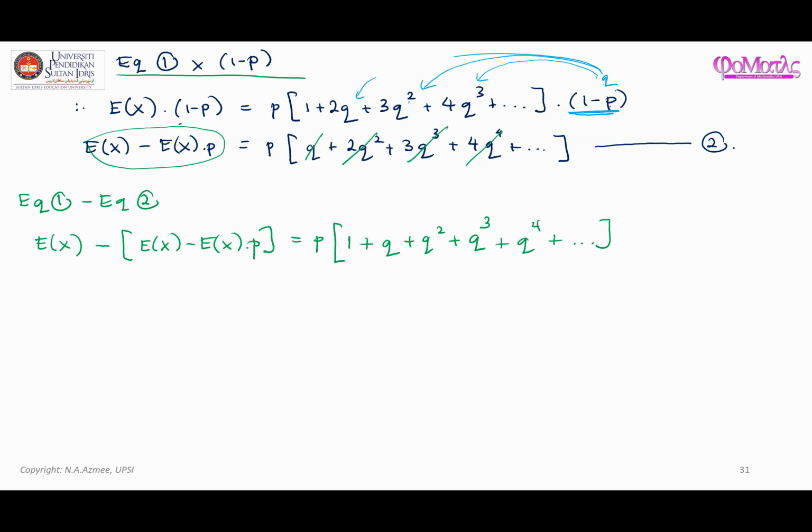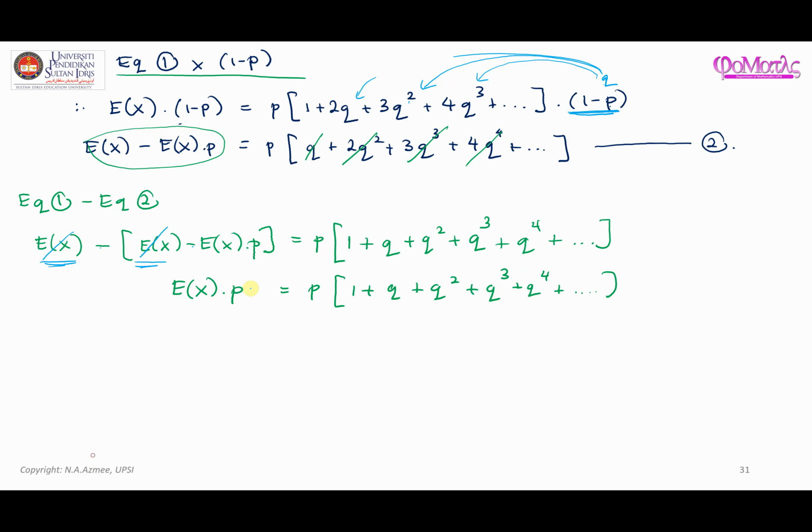Now, I hope you can see that this part, EX minus EX here, will be cancelled out. Negative and negative here is going to be positive, so the result becomes the expected value of x times p is equal to p times 1 plus q, q squared, q cubed, and then q to the power of 4.